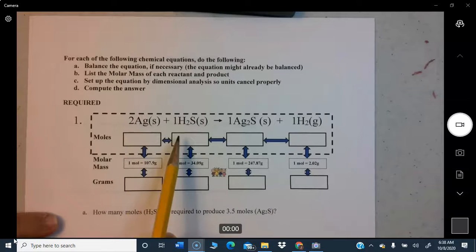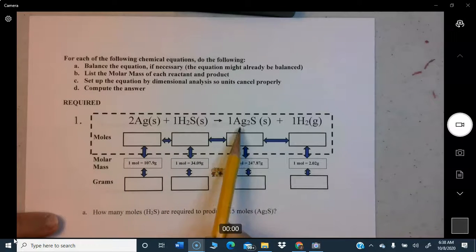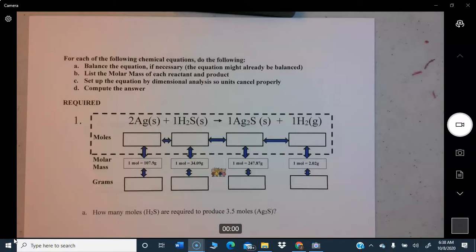So 2Ag plus 1H2S is 1Ag2S and 1H2. All right, so you see the graphic organizer. So we measure things in grams out here. This is our world. Inside the dashed line is the chemical equation's world. It's counting particles, either molecules or atoms, and putting them together.